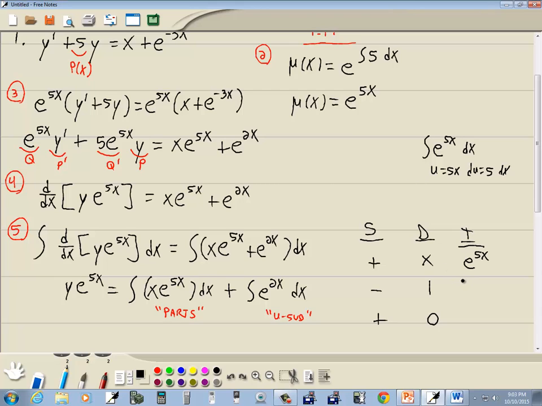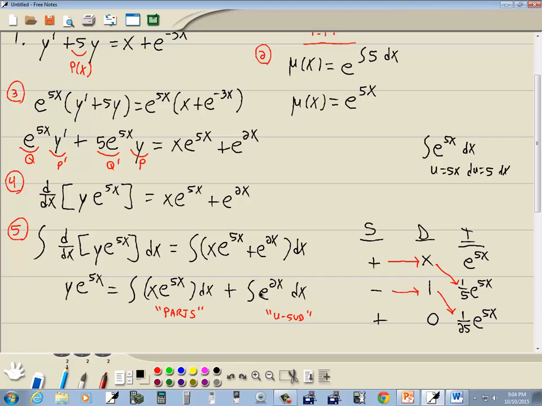So the integral of that actually becomes 1/5 e to the 5x. And if I did the integral again, same idea. It puts another 1/5 out in front, and 1/5 times 1/5 gives us 1/25 e to the 5x. Now how this works is you go across like this, and then you go down like this. Then you go across like this, and you go down like this.